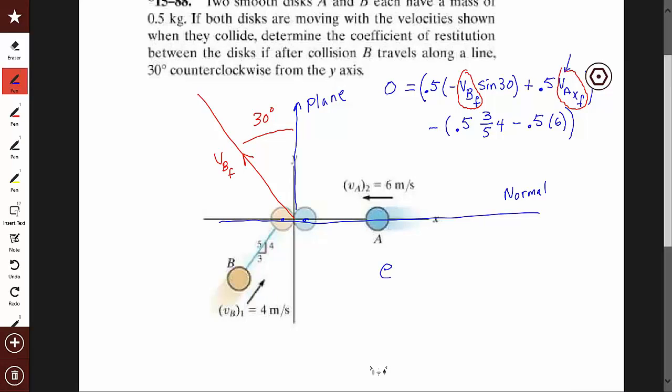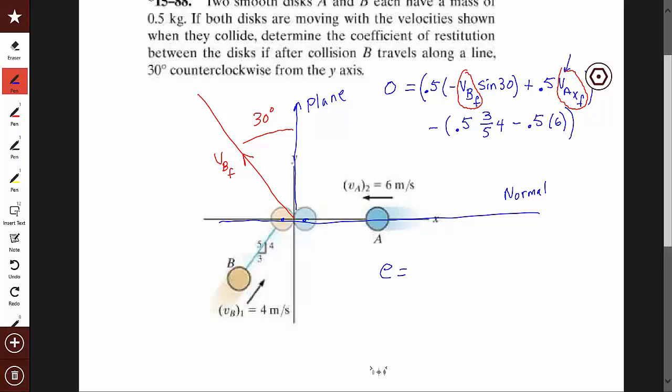The coefficient equals the final velocities divided by the initial velocities, and it's in the normal direction only. Don't ever apply this in the plane direction. So it goes one minus the other. It doesn't matter which one you start with.